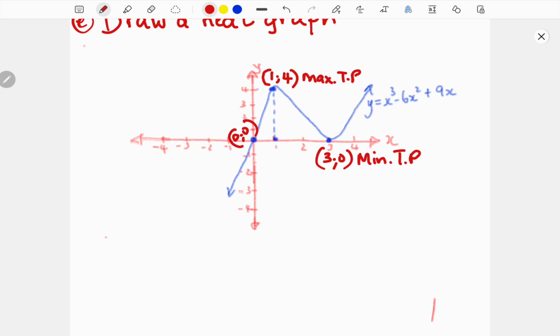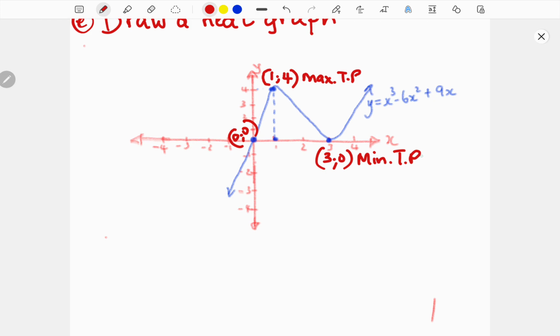And then we had the x-intercept, where x was equal to 0, and then there was a point where x was equal to 3. So these 2 points again. Then the third point is the maximum turning point when x is equal to 1, y is equal to 4. The other turning point is when x is equal to 3, y is equal to 0.